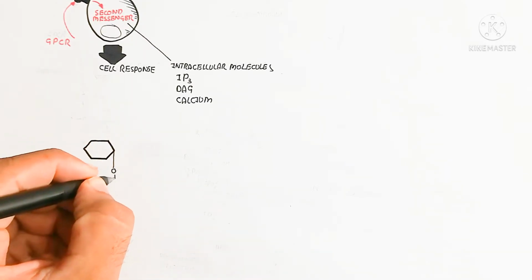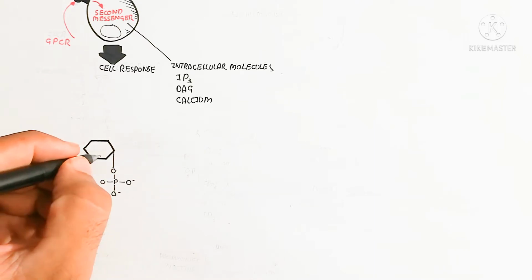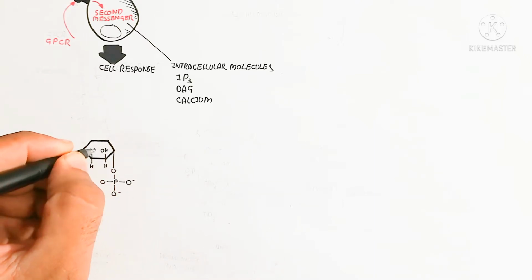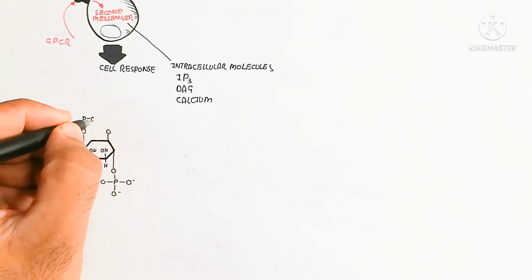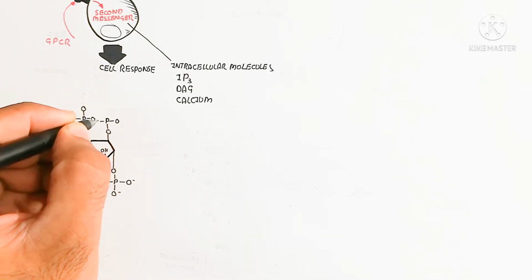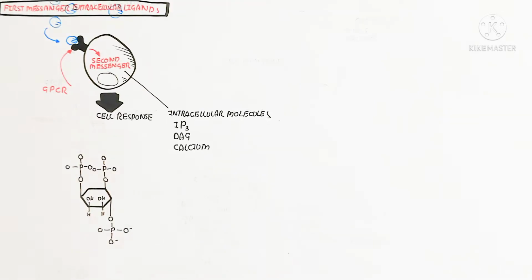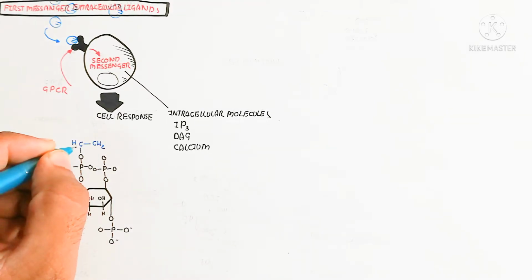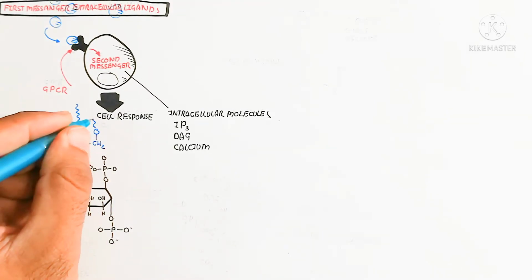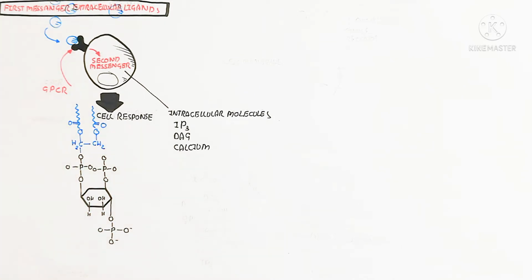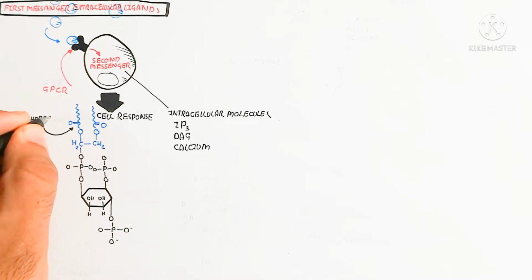So phosphatidylinositol diphosphate, basically PIP2, is present. Here is the hydrophobic zone and the hydrophilic zone. The hydrophobic zone is made up of glycerol, while the hydrophilic zone is the inositol phosphate.